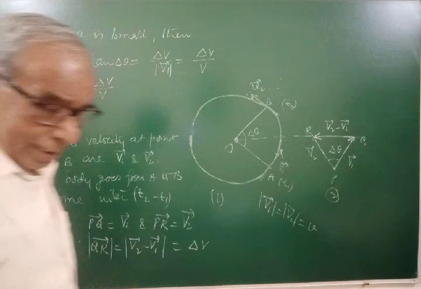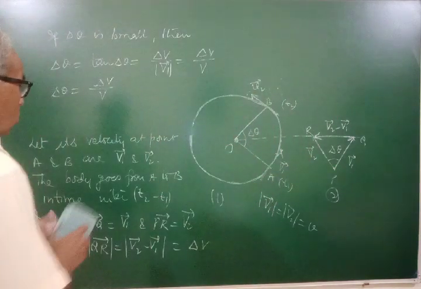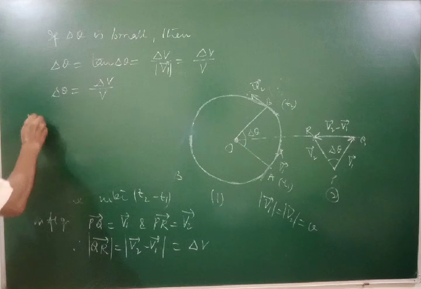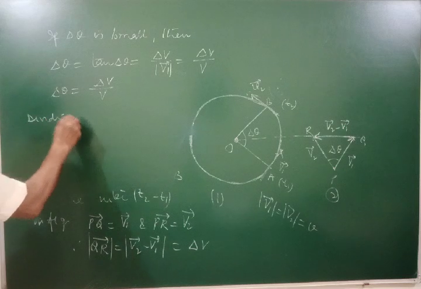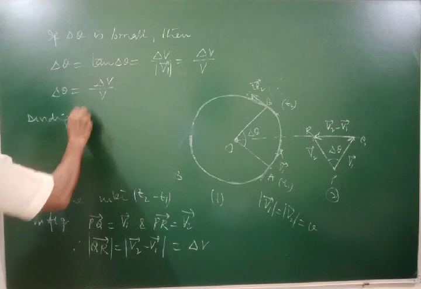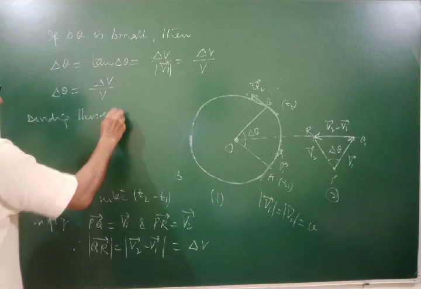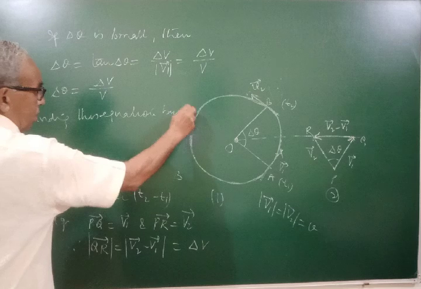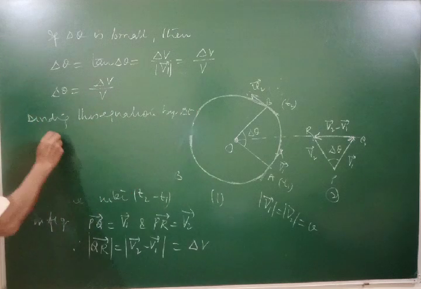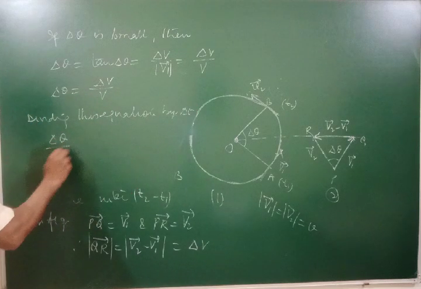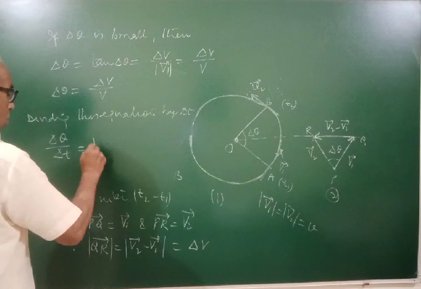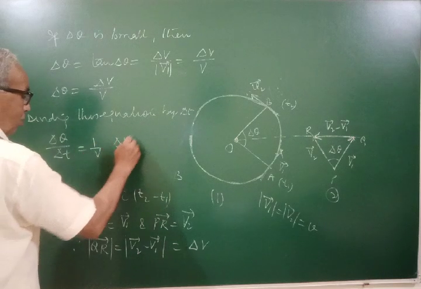Now dividing by delta t on both sides, where delta t means t2 minus t1, we get delta theta upon delta t equal to 1 upon v into delta v upon delta t.